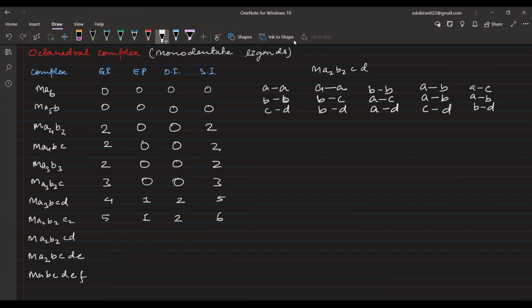We don't have anything similar to this. AC, we have AC only here, and it is not similar. So we can have one more, that is AD, and we can have AB and BC. Is this done already? Where do we have AD? Here we have AD. It is not done, right? No, sir. Okay. So this is another one that we can get. See if you can get anything else.